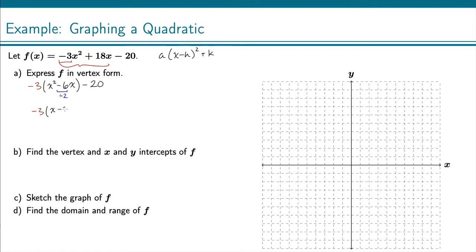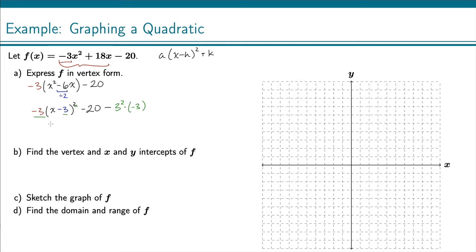And so we have a negative 3 squared. And then we have this number here, so minus 20. And then you always subtract this number squared times this. And so we're subtracting 3 squared times negative 3.